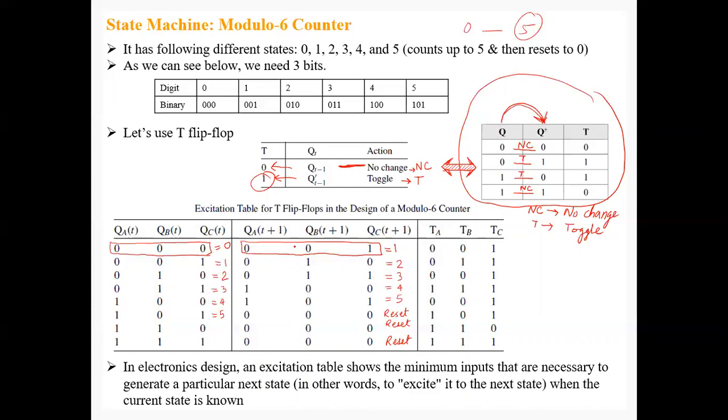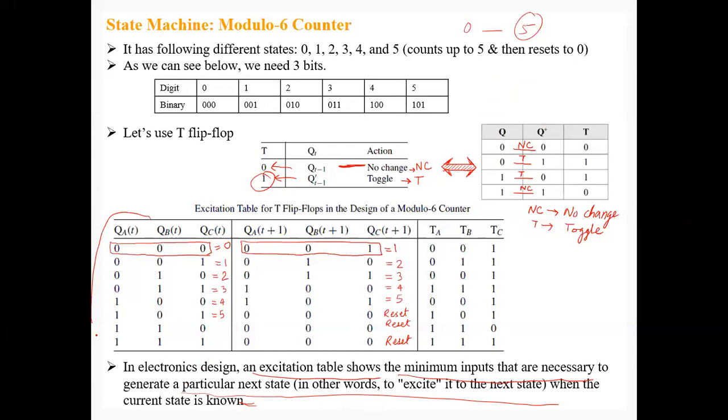This is called excitation. In electronics design, an excitation table shows the minimum inputs that are necessary to generate a particular next state when the current state is known. Okay, actually this is the excitation table, sorry.